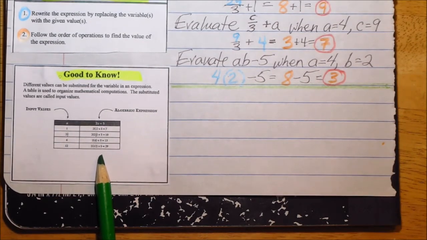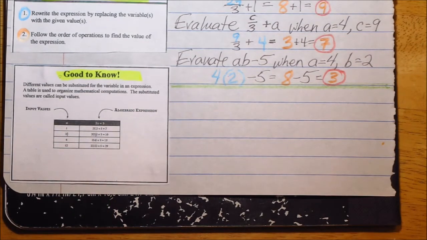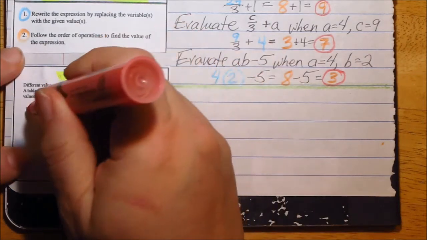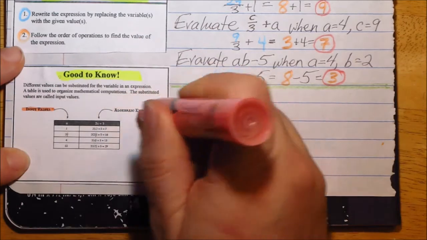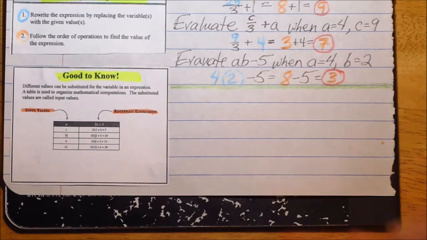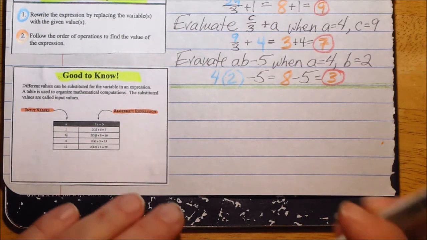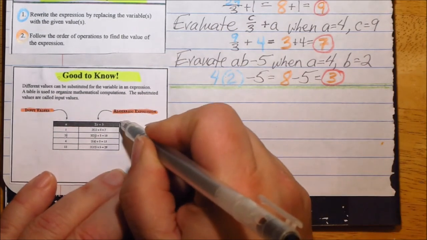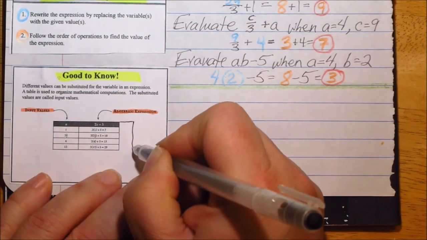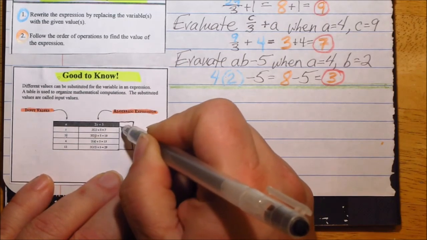Now, I'm going to make one little change here because I'm not quite sure why they set this up this way, because very soon you'll see this a different way. This is really called an input-output table. And here's why. It's kind of like a machine. There really should be another column right here.